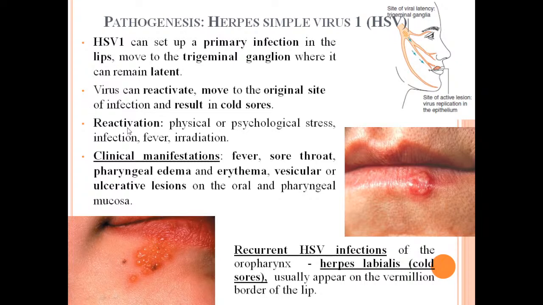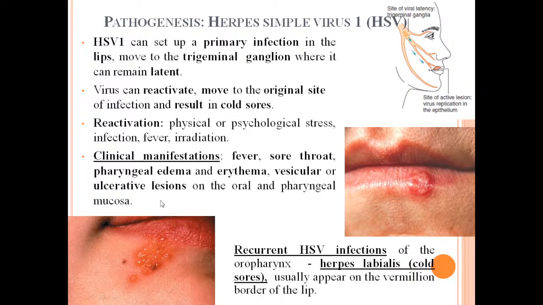Reactivation is caused by physical or physiological stress, by a different infection, fever, irradiation, by cold, for example. That's why you may notice that your friends or relatives have such clinical manifestations in winter, especially during exams, because it's stress.